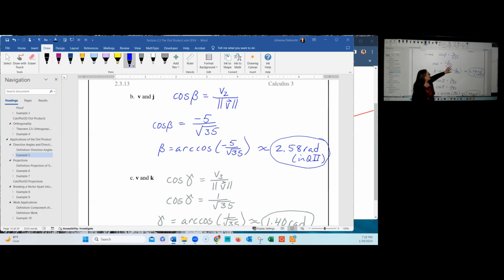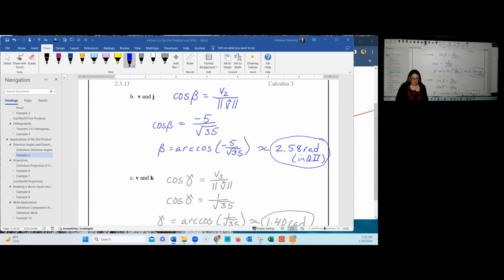This gives us -5 over the square root of 35. And since the cosine is negative and we know the angle is between 0 and pi, we're expecting it to be in quadrant 2. And sure enough, it turned out to be 2.58 radians, which is definitely between pi over 2 and pi. Pi over 2 is about 1.57, pi is 3.14.